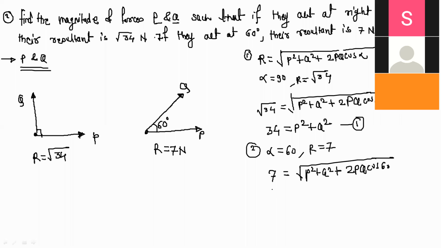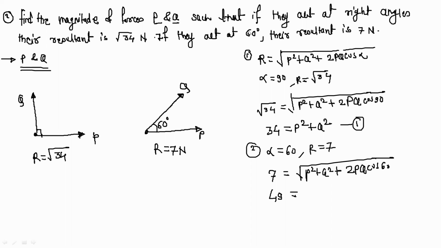If you square this, you will get 49 is equal to P square plus Q square plus 2 into cos 60 into PQ. So this will be only PQ. This will be your second equation.